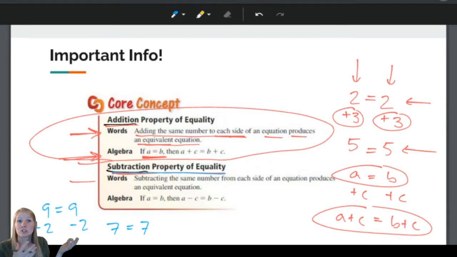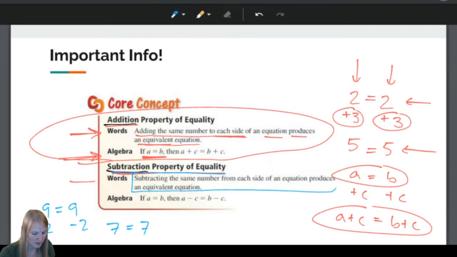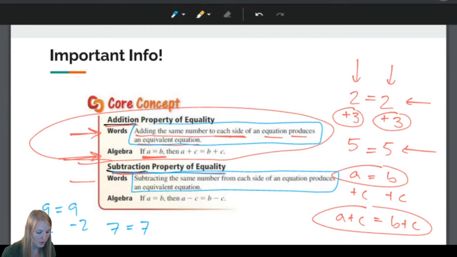Same thing. 7 does equal 7, 9 does equal 9. So, key takeaway is these words right here. Adding the same number or subtracting the same number from each side of the equation produces an equivalent equation, or an equation that's basically the same. So we can add to both sides, and we can subtract to both sides, and it's all Gucci.